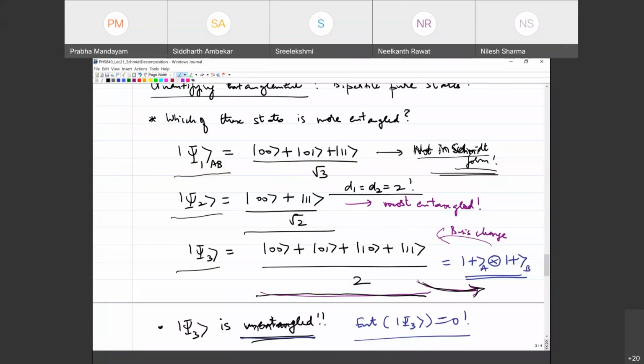So what Nilesh was trying to get at is this is also 2x2, and I said this is the most possible entanglement because I have maxed out the local dimensionality, right? But in this case, there are 3 terms. Of course, there are 3 terms in the sum, but they're not in Schmidt form, right? This is 00, 01, 11. The Schmidt form does not allow for these kinds of cross terms, right? So that was the question. Do you understand, Neelkant?